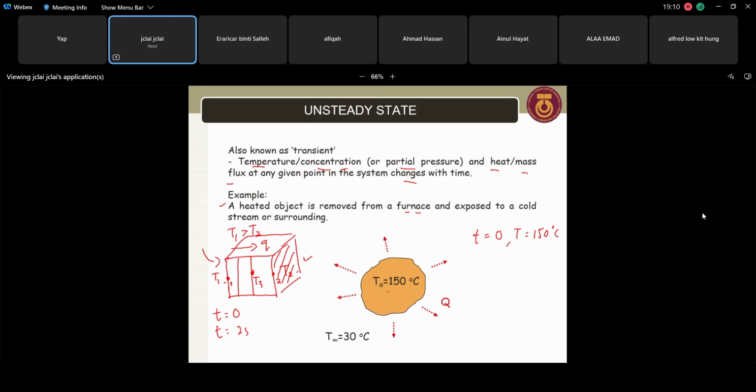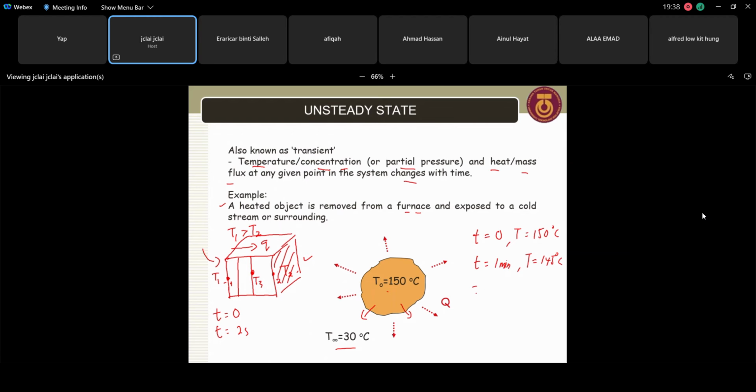But because no heat is supplied to the object, over time the temperature drops because the ambient temperature is 30 degrees Celsius. So heat will be transferred out from the object to the surrounding. When t equals 1 minute, let's say, the temperature drops maybe to 145 degrees Celsius.